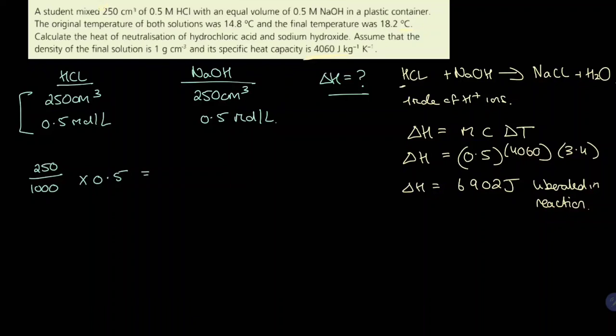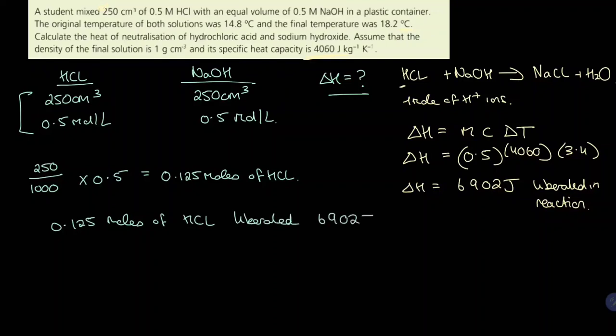Okay, we work that out to be 0.125 moles of HCl that were used in this specific reaction. So 0.125 moles of HCl liberated 6,902 joules.